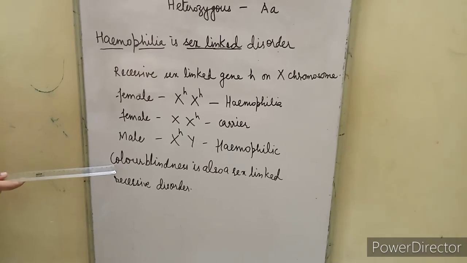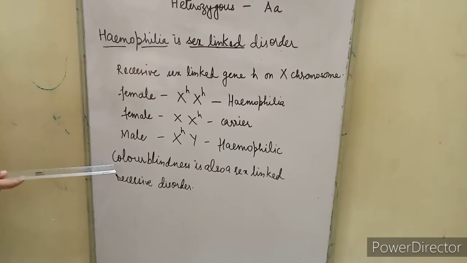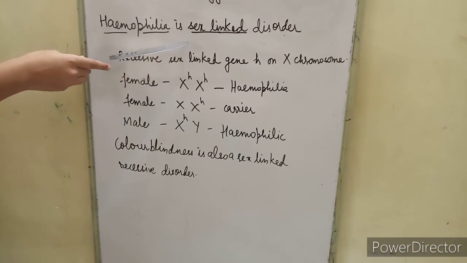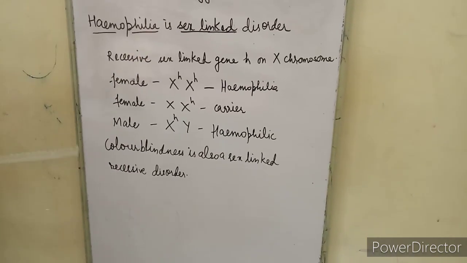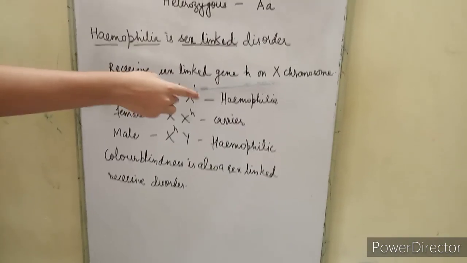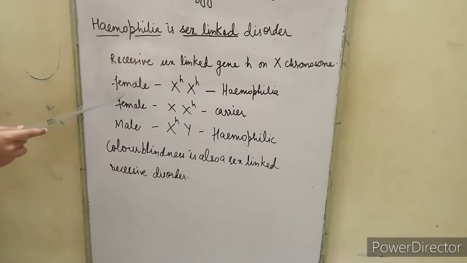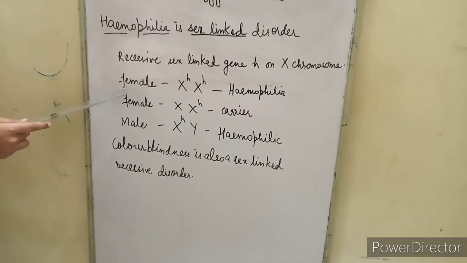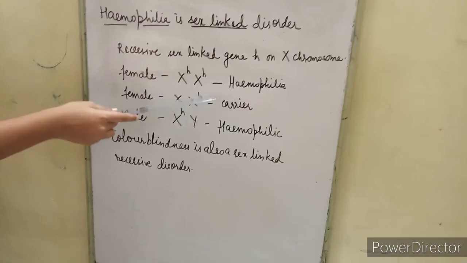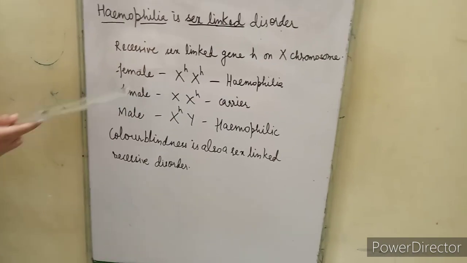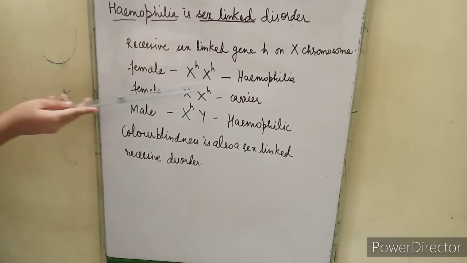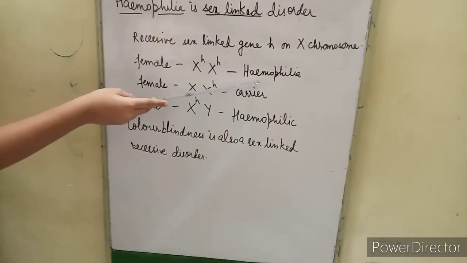Hemophilia is a sex-linked disorder, a recessive sex-linked gene which is represented by H on the X chromosome. As we know, the female has two X chromosomes, and if she has H present on both X chromosomes, then the female will have hemophilia.